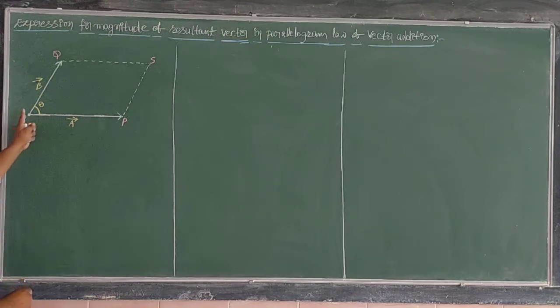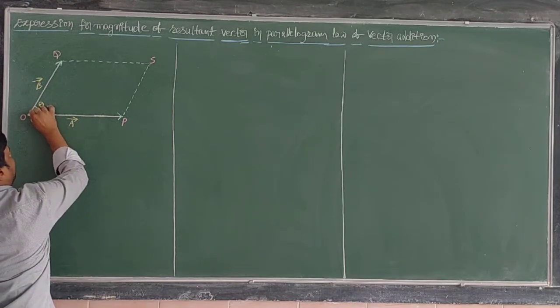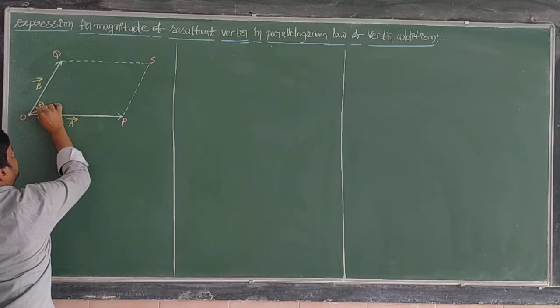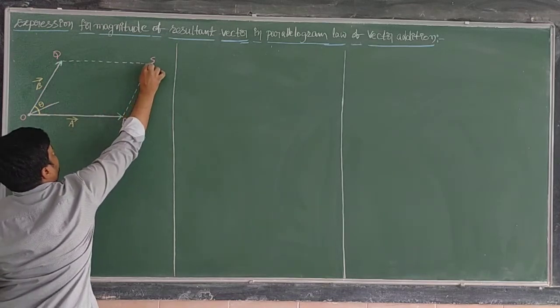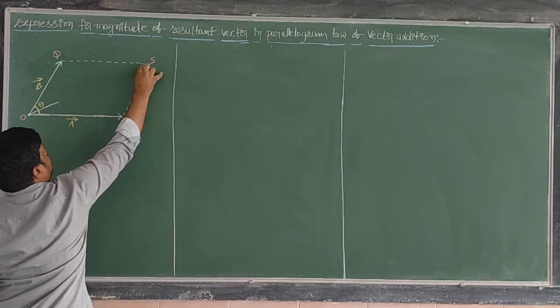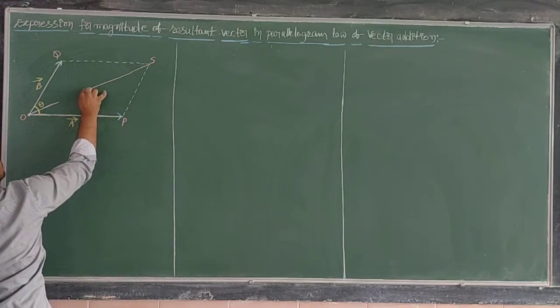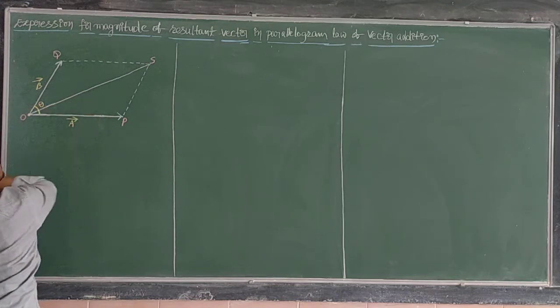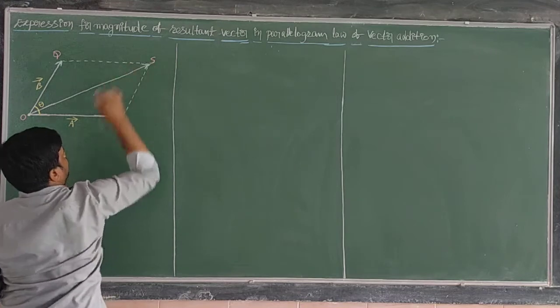Now look here once again. What is the resultant of these two vectors? The resultant of these two vectors can be represented by another line, that is the diagonal line. This diagonal line is drawn from the same point from which we have drawn the vectors.